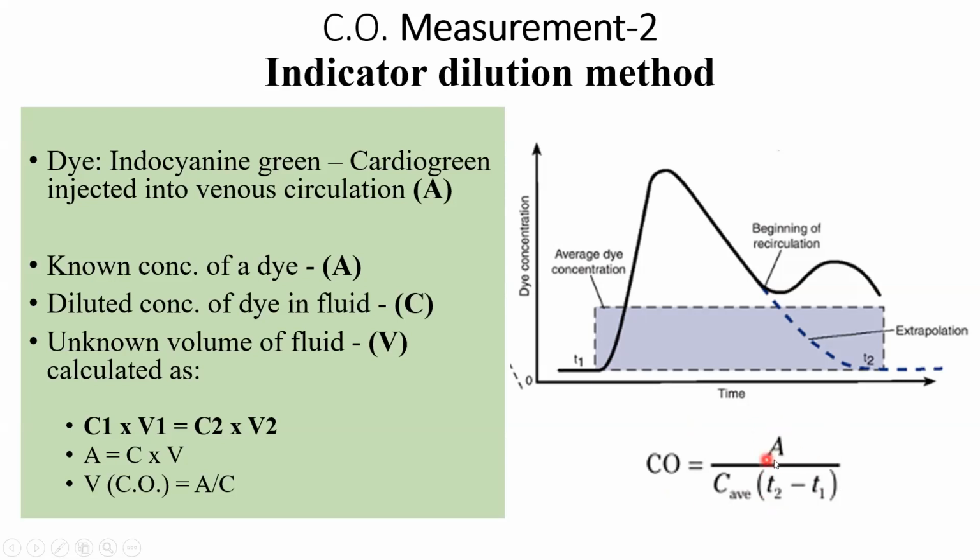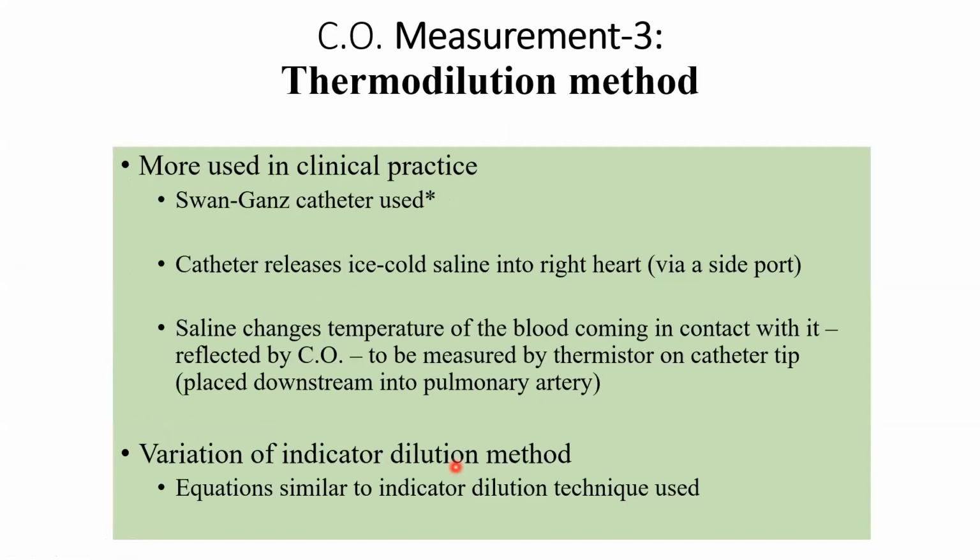He has multiplied this amount by 60 and hence removed the need for an averaged amount of the dye at the bottom of this fraction. So it's really the same formula, but this one is simpler, and I find this is more student friendly. Okay, so this is the indicator dilution method.